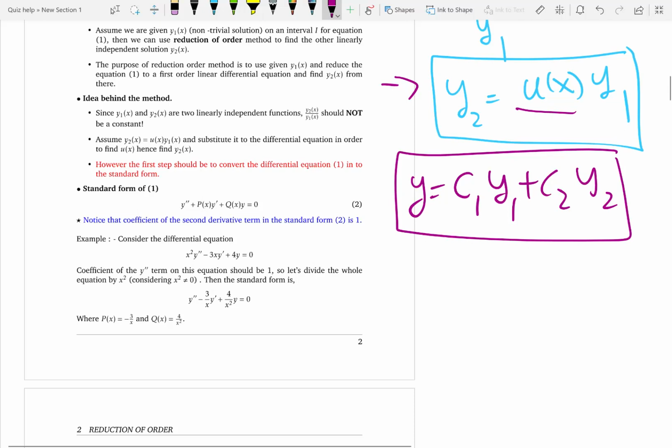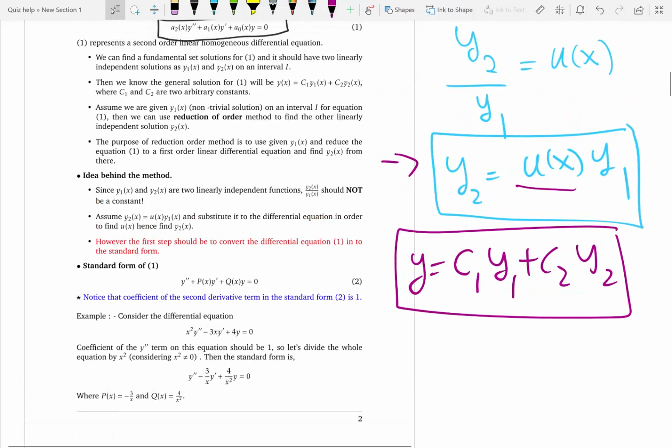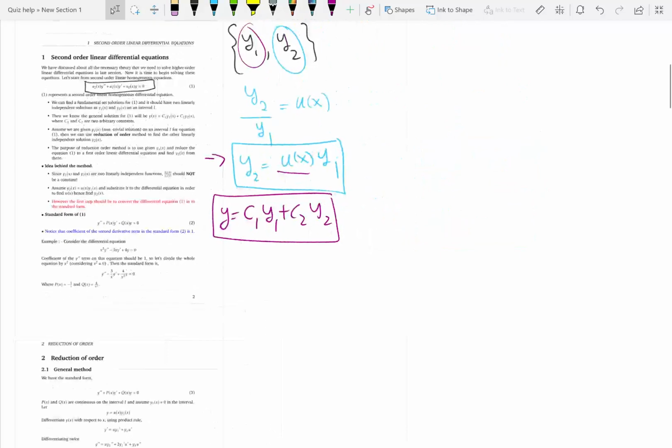Another thing we need to get clear is that to use this method, we need the standard form of a second order linear differential equation. We learned a standard form before. Remember where? We talked about the standard form of a first order linear differential equation.